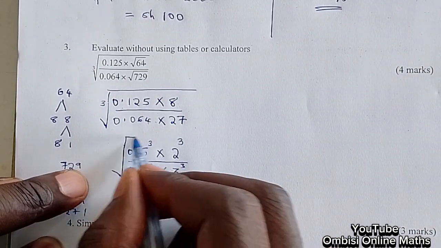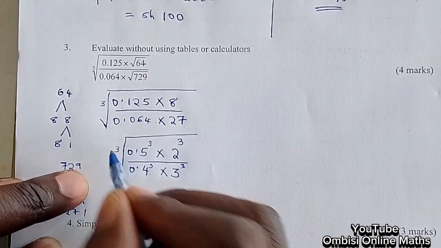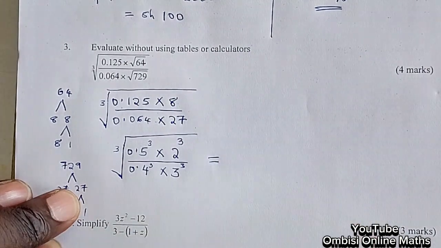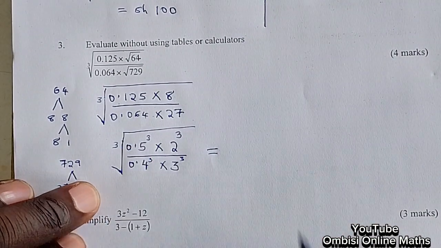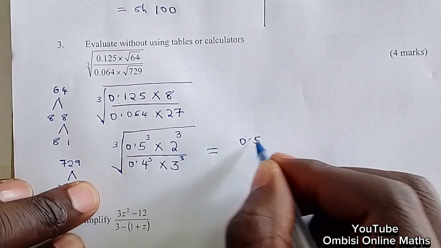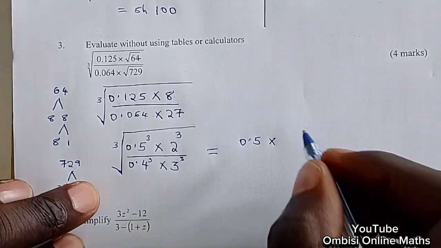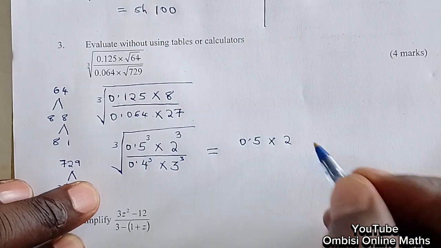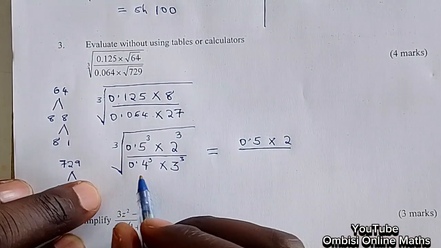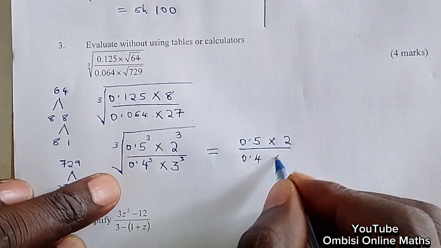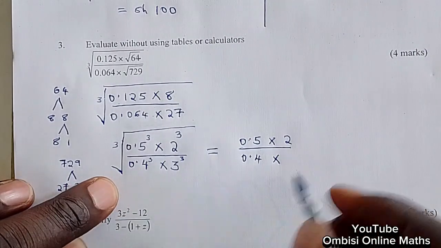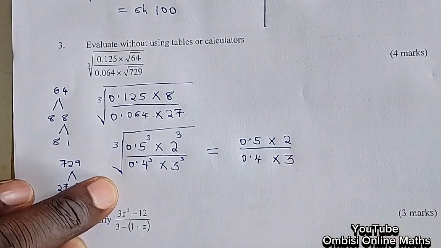Now, when we find the cube root here, it translates to the cube root of 0.5 cubed, which is 0.5, multiplied by the cube root of 2 cubed, which is 2, over the cube root of 0.4 cubed, which is 0.4, then multiplied by the cube root of 3 cubed, which is 3.